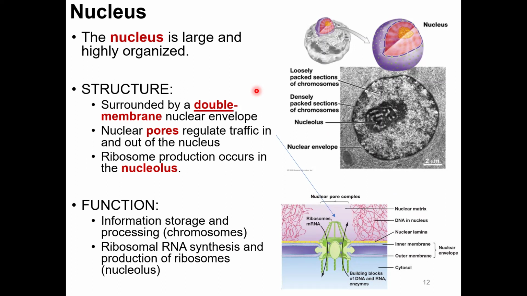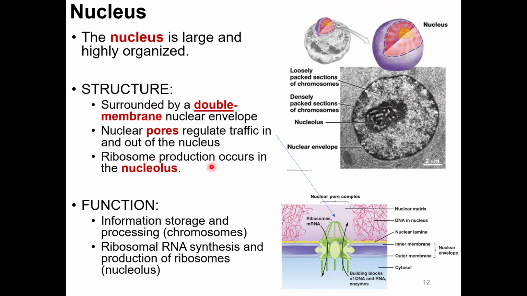So the nucleus is a highly organized, large organelle, which has the structure of a double membrane nuclear envelope with nuclear pores that regulate traffic in between, like these little pores here.